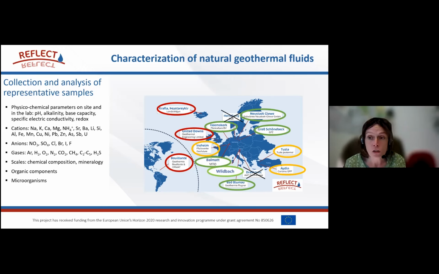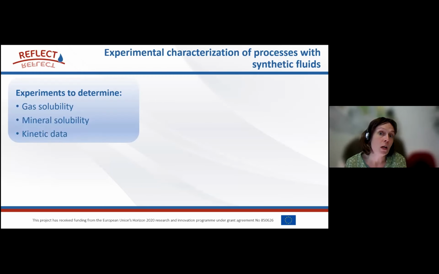From these natural observations, we then go into the lab for experimental characterization of geochemical processes. Here we use synthetic fluids that are similar to the real fluids, and did experiments to determine gas solubility, mineral solubility, or kinetic data.